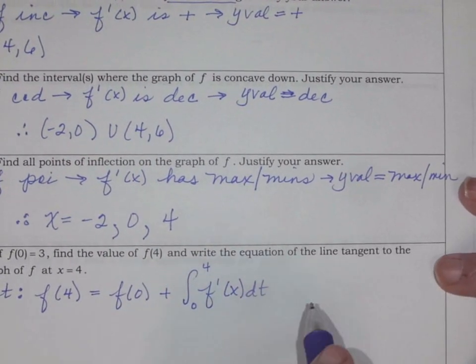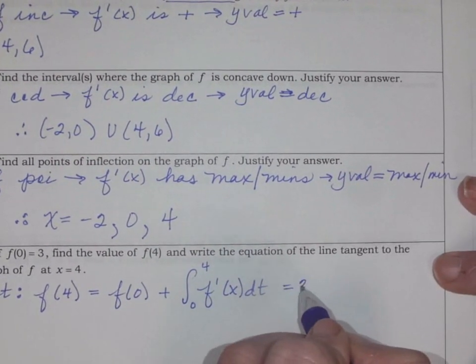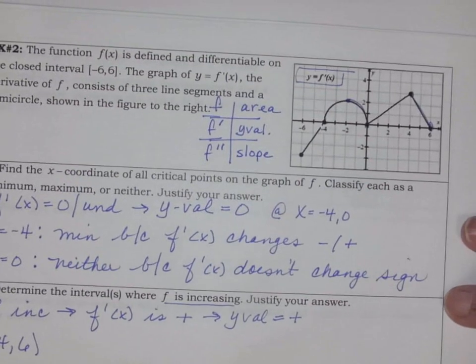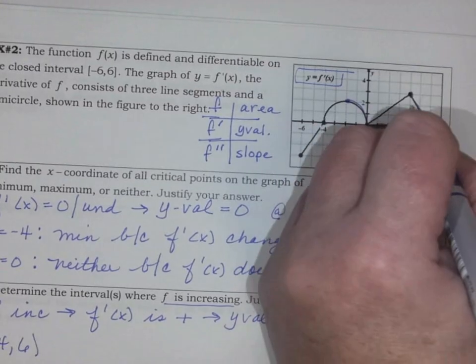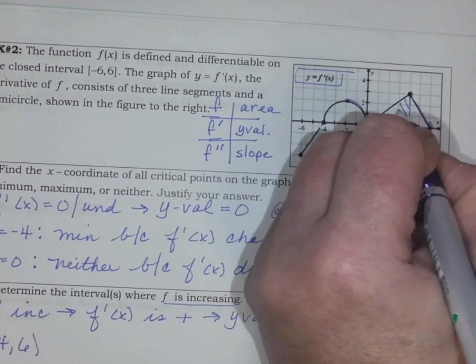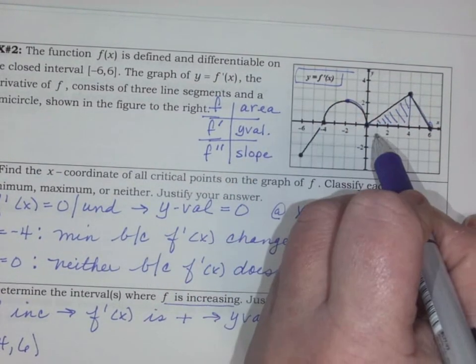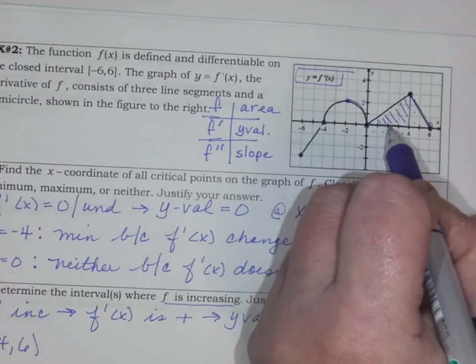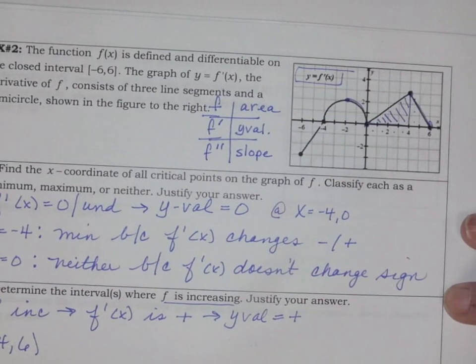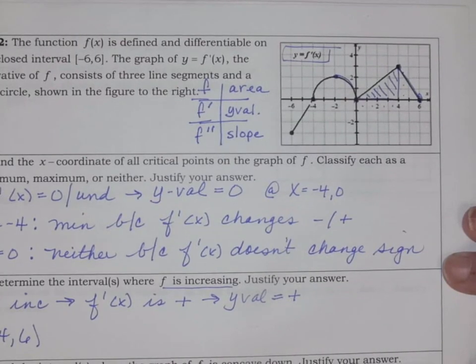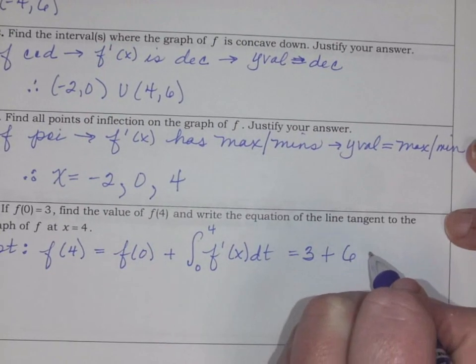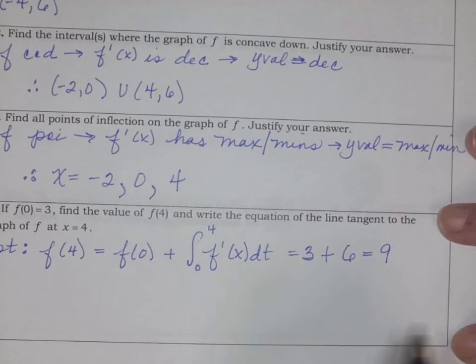So f of 0 is equal to 3 plus, now let's do the area from 0 to 4. So from 0 to 4 is going to be this little piece right here, which is 1, 2, 3, 4, 1, 2, 3. So that'd be 12 divided by 2 would be 6. It's above the x-axis and we're going forwards, so it would be positive. So 3 plus 6 is equal to 9.